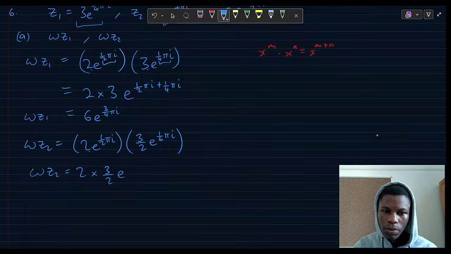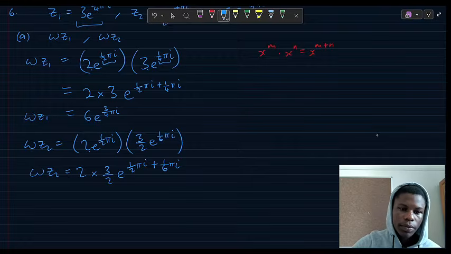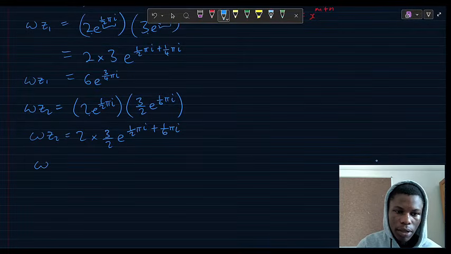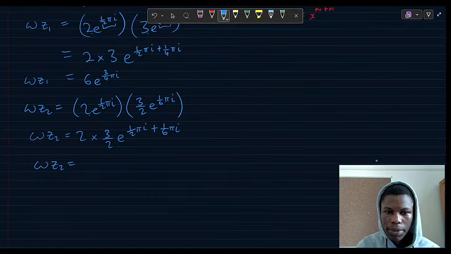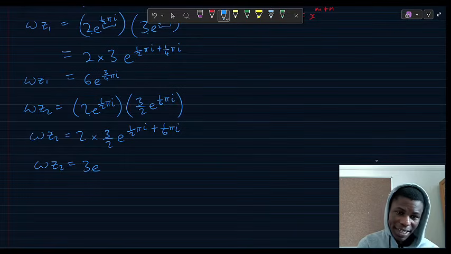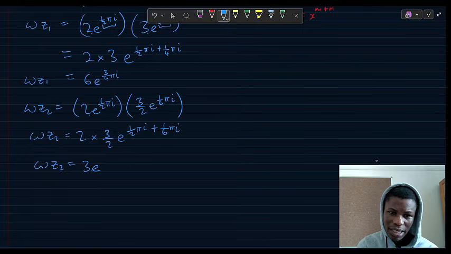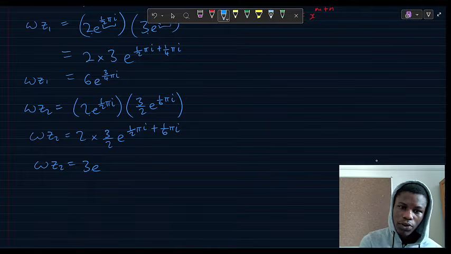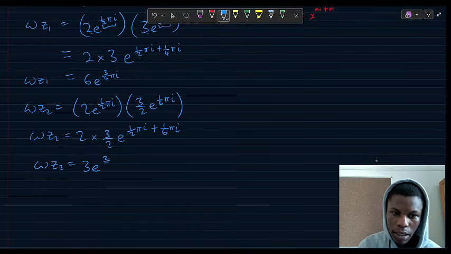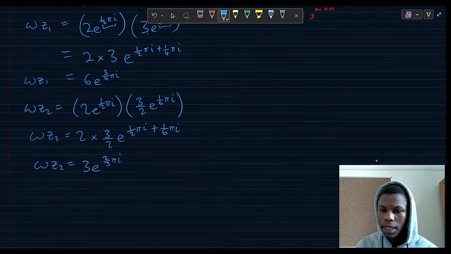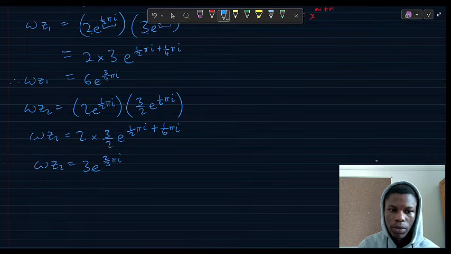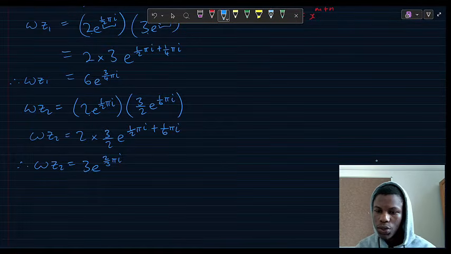So you're going to add your two powers, half pi i plus 1 over 6 pi i. And so I have omega z2 is equal to 2 times 3 over 2, which is just 3 e to the, add the two powers. So what is half pi plus 1 over 6 pi? That is 3 over 6 plus 1 over 6. So 4 over 6, so 2 over 3. 2 over 3 pi i. And so those are your two solutions, omega z1 and omega z2.